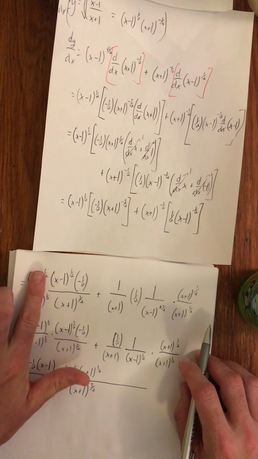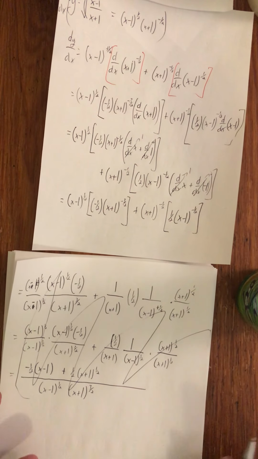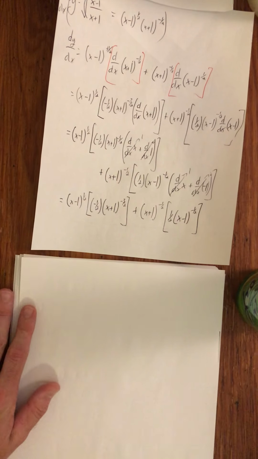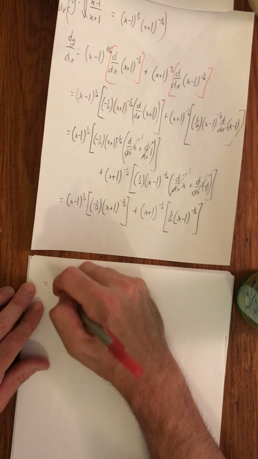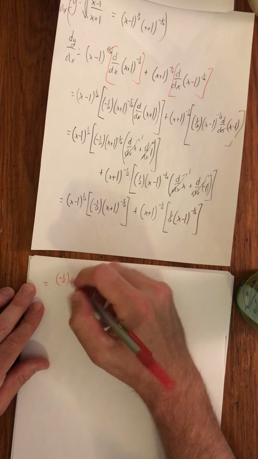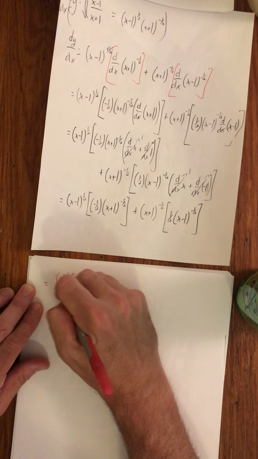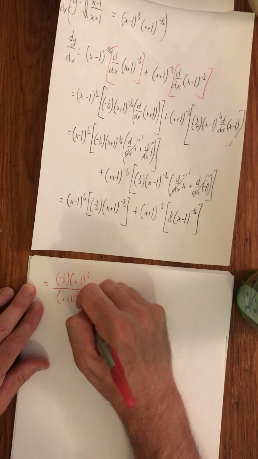Okay. All right. Let me just start this again. And that pen is out of ink, of course. I've got negative 1/2 times x minus 1 to the 1/2 over x plus 1 to the 3/2.